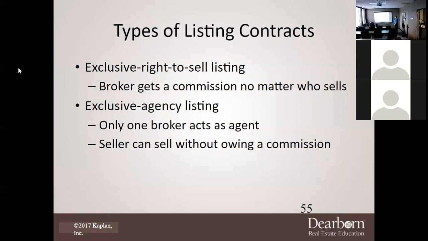Now, an exclusive agency is where only one broker acts as the agent. So Travis may still be that broker, but if you bring a buyer you don't have to pay a commission.